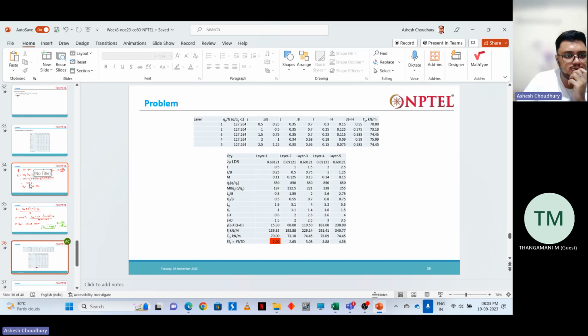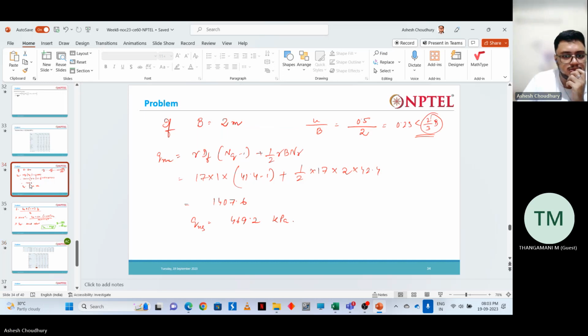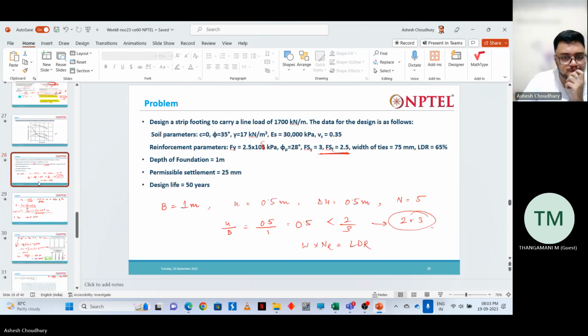Okay. So what we can do, so initially, say UV keep fixed as 0.5 only. This H, we can increase a bit.